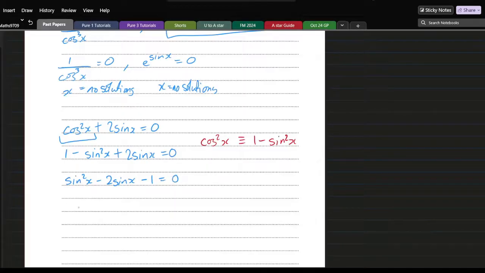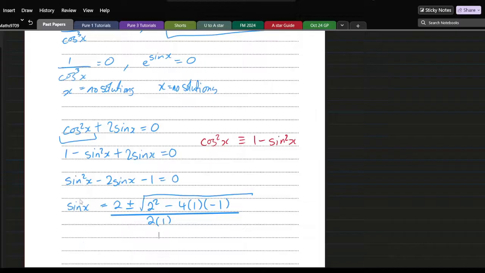Alright, I don't think we can factorize this by inspection, so let's use the quadratic formula. Sine x is equal to minus b, so that's 2, plus or minus the square root of b squared, so 2 squared, minus 4a, which is 1, c, which is negative 1, and this is all over 2 times a, which is 1.